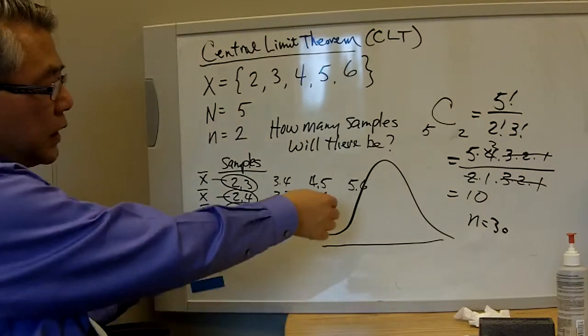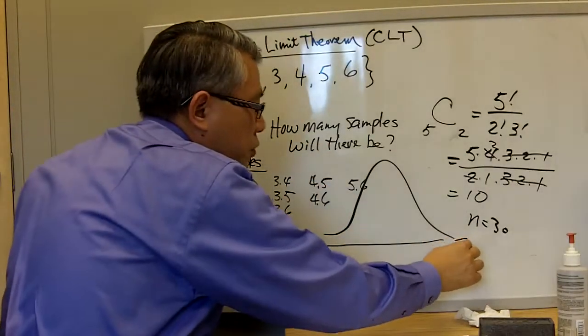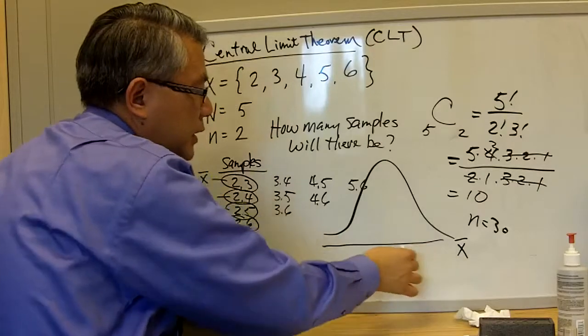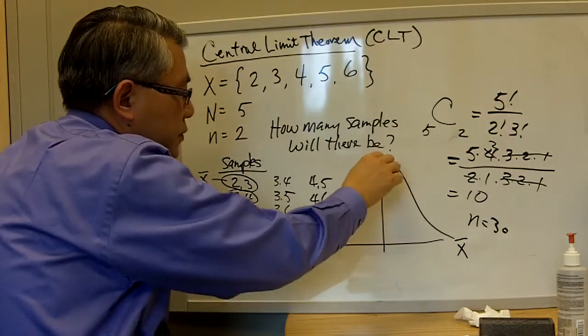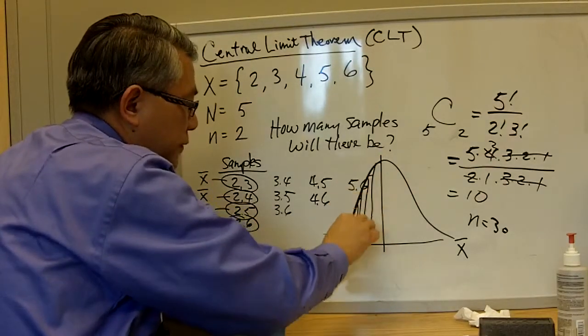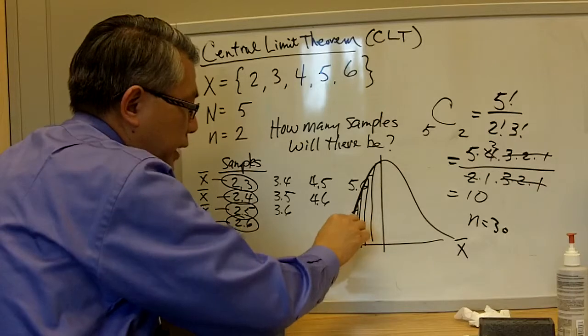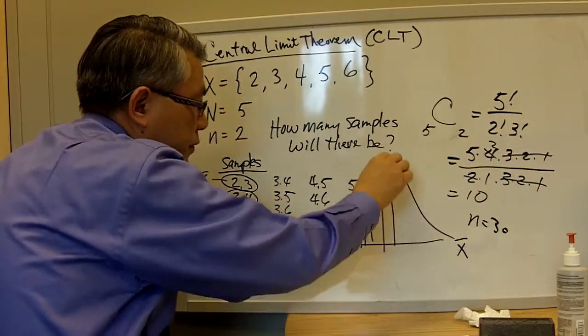Then we are looking at a normal distribution of the sample means. Imagine a histogram showing all the possible X bar values, lining up and forming a bell-shaped curve.